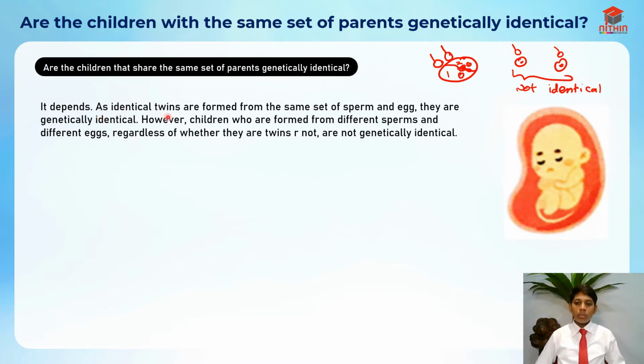As identical twins are formed from the same set of sperm and egg over here, they are genetically identical. However, children who are formed from different sperms and different eggs, regardless of whether they are twins or not, are not genetically identical. So this is the answer over here. So you need to know the concept of twins. Now let's move on to the next question.